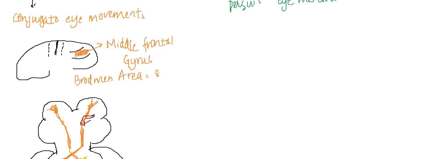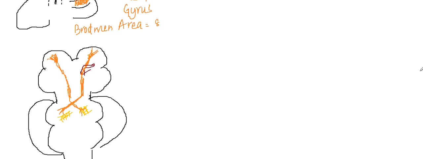So I think you know what conjugate eye movement is. For example, these are the two eyes. For looking to this side, this eye should move here, this eye should move here. These movements occur simultaneously. If this is the right eye and this is the left eye, the right eye's lateral rectus should be activated along with the left eye's medial rectus.